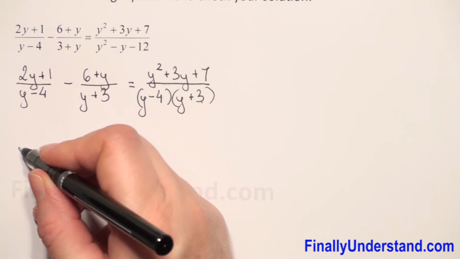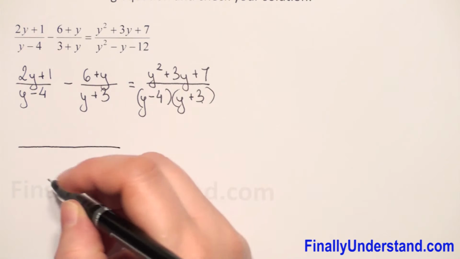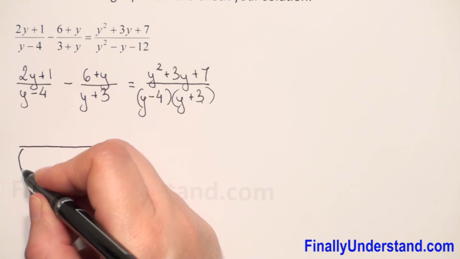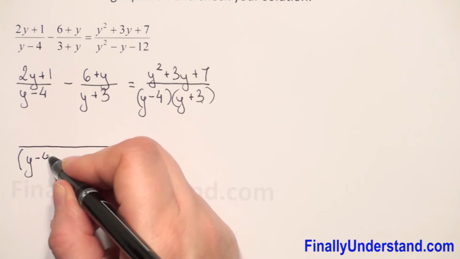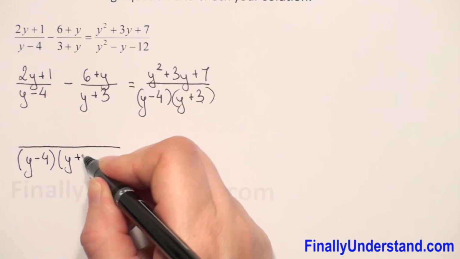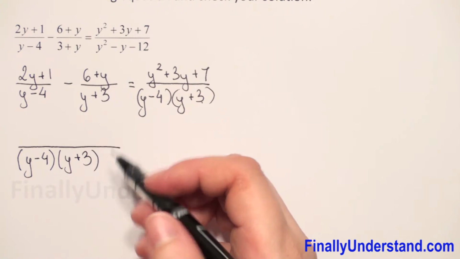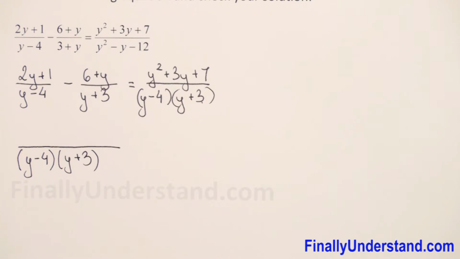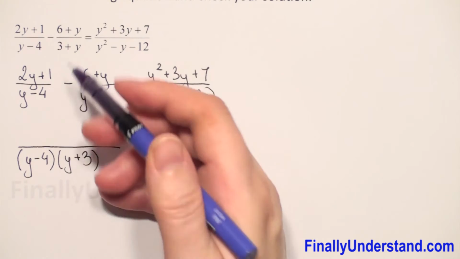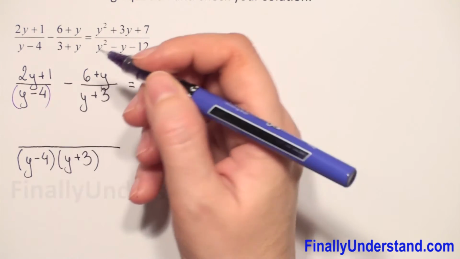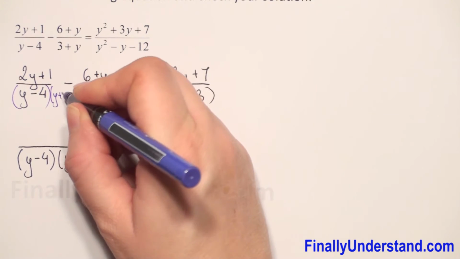So let me write first our denominator: y minus 4 times y plus 3. Because at the beginning we have only y minus 4, I have to multiply this denominator by y plus 3.